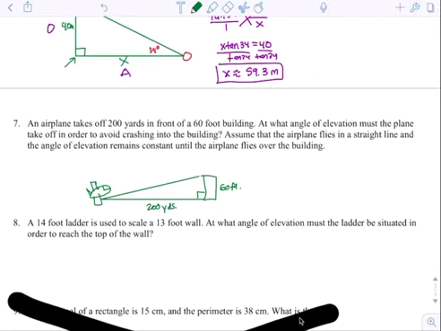So what we have to do is, well, first it says at what angle must the plane, so we're trying to find the angle of elevation, which is this. That theta is the thing we're trying to find right there. So what we have to do is just make a conversion with our feet and our yards.